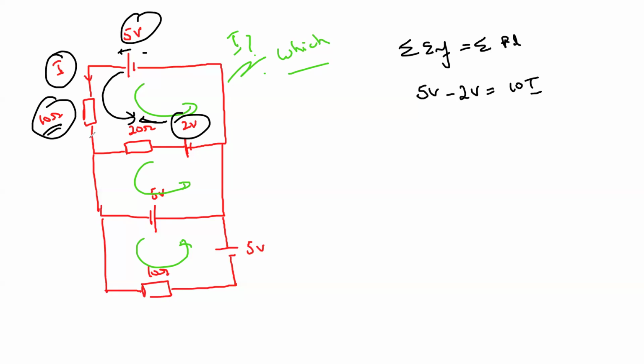But the problem is that this current I is divided into two parts. So this will be I1 and this will be I2, and the current here will be I. So this will be equal to 10I plus 20I1. Is it clear?